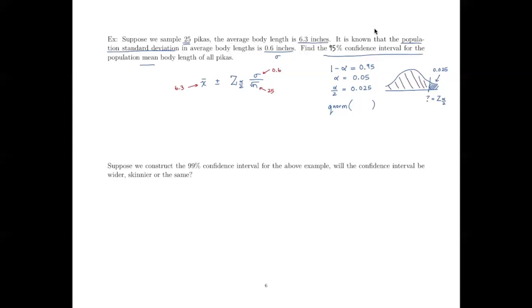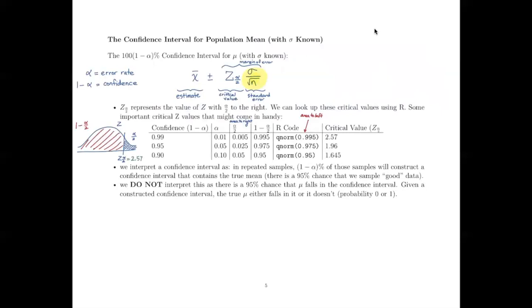So that area would have to be 1 minus the 0.025, which gives me 0.975. So that's what I'm going to plug into qnorm. And when I do that, it's going to spit out 1.96. And we can just check that table I gave you. Here we go. There it is. It is 1.96. So you can just check it and verify.